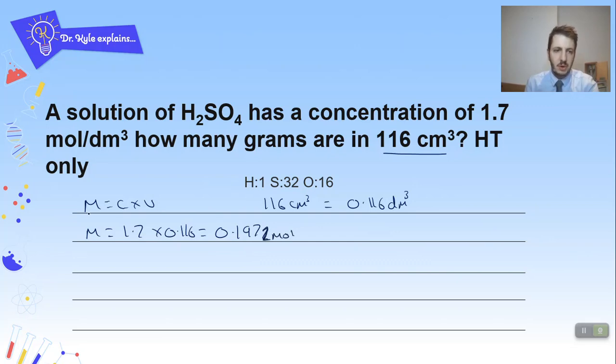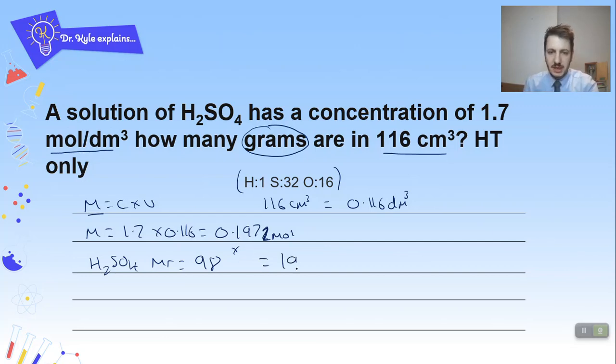And now we need to think carefully about our units. Moles, okay? Because your concentration here is moles per decimeter cubed. Now, what does it ask? It asks for grams. So now I've got to think, how do I convert moles to grams? Here, I've been given the relative formula masses. H2SO4, the MR of this is 98. So if I now do 0.1972 moles times 98, that comes out as 19.33 grams.